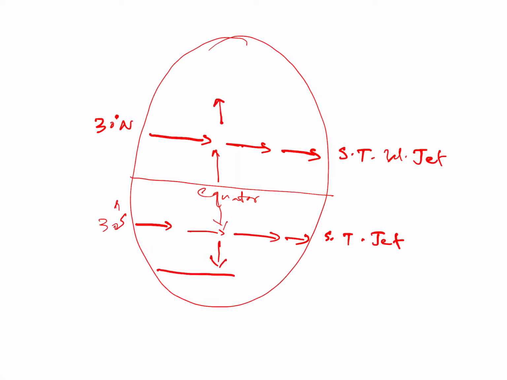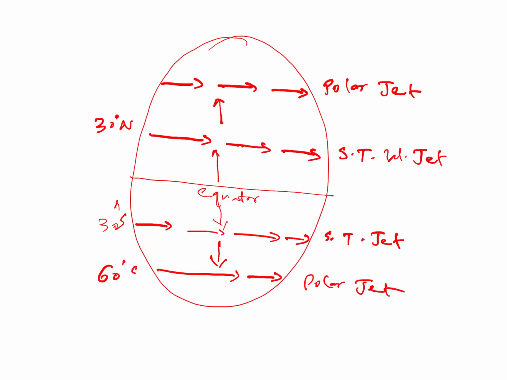At 60 degrees it again starts moving from west to east and becomes the polar jet, at 60 degrees north and 60 degrees south. This is the permanent jet stream.